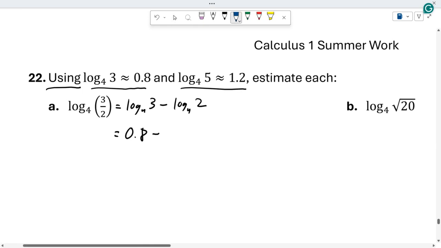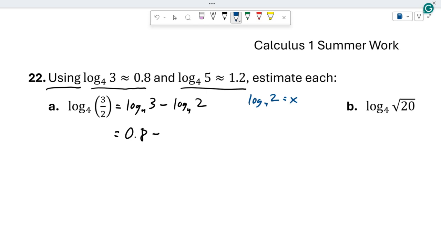I'll do this over here as a sidebar. Let's say that we have the log of 2 base 4, and we're trying to figure out what that is. Let's just call that x for a second. If we're able to figure out what x equals, then that's what log of 2 base 4 is.